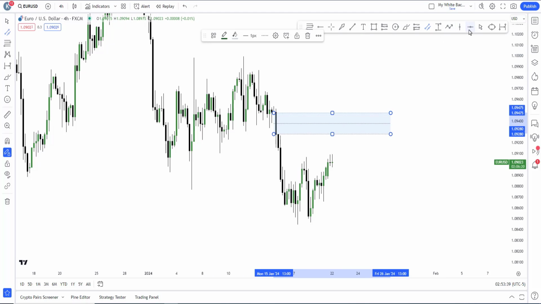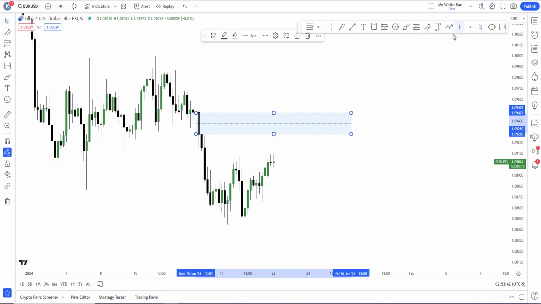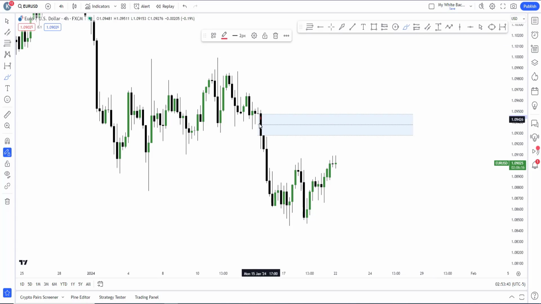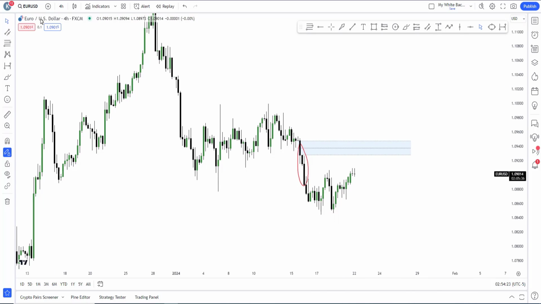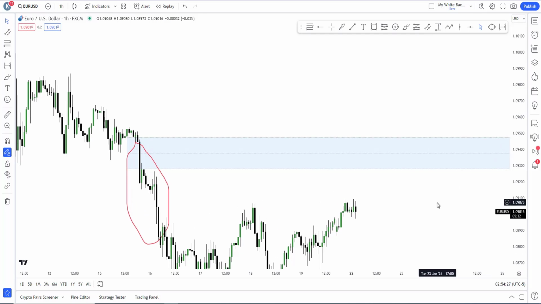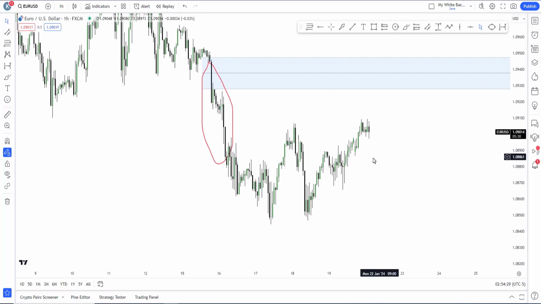This fair value gap is going to attract price. There is a liquidity void at this point, which I expect price to push up to go to, as you're seeing price printing these candlesticks. So that is what I'm expecting to happen on my Euro USD ultimately. Look at what is happening. Price is pushing up, pushing up.